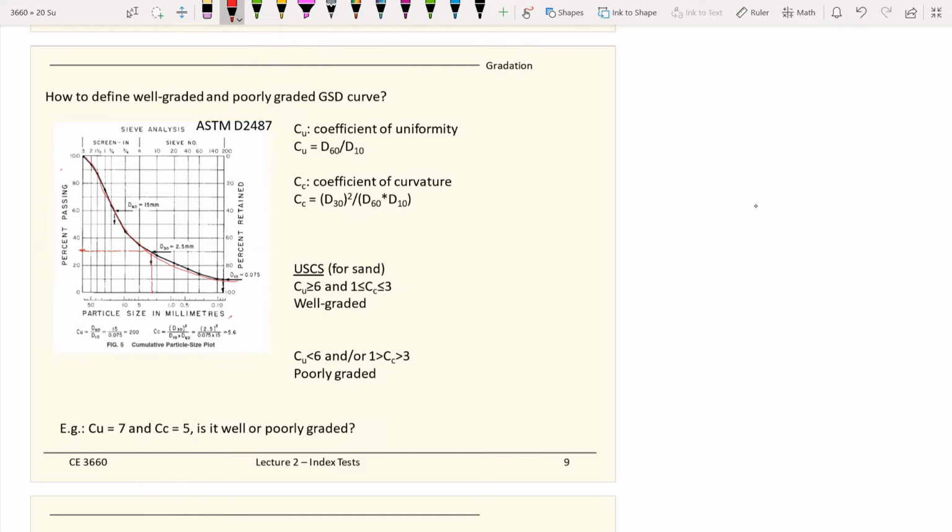In this case it is 2.5 millimeters. So your D30, the diameter at 30% passing for this example, is 2.5 millimeters. The same concept for 60%: on the y-axis at 60%, you go to the curve and find the corresponding x reading. This one is 15 millimeters.